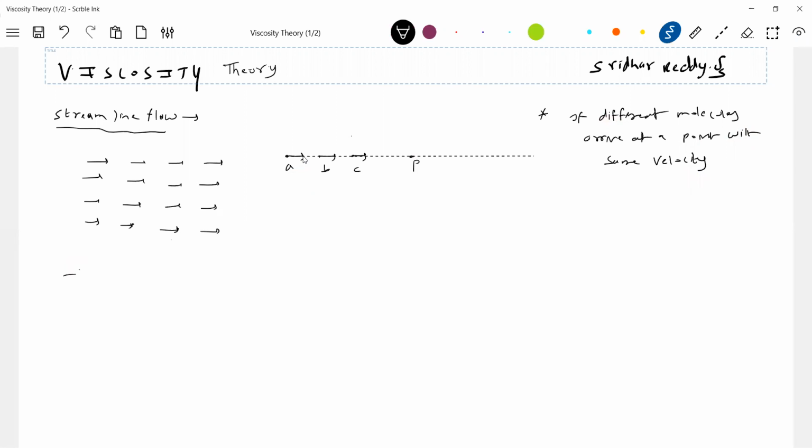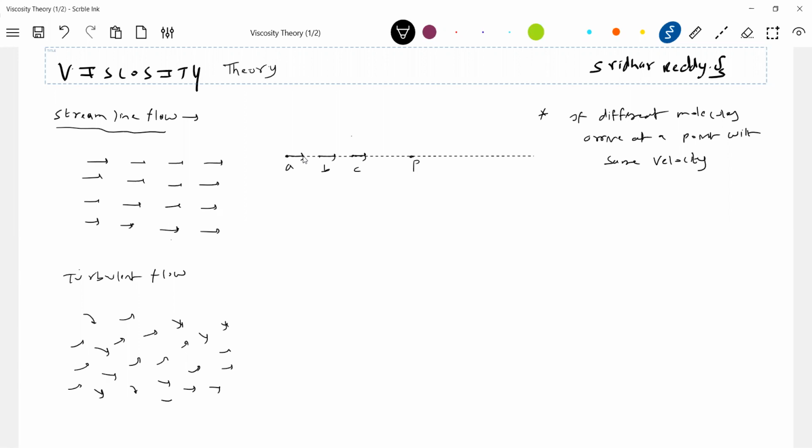So now after this, we'll go for turbulent flow. You can see the velocity of different molecules. They'll be having different directions.